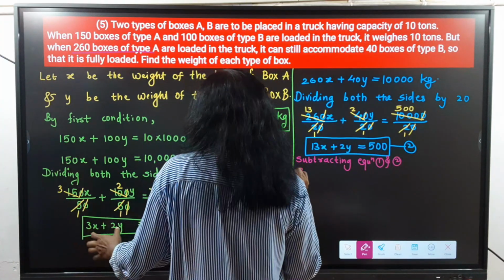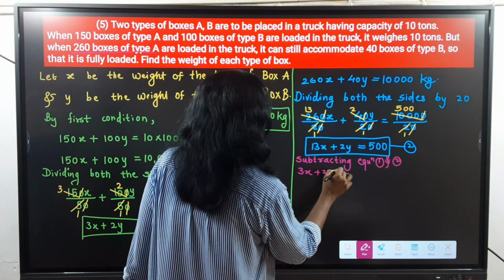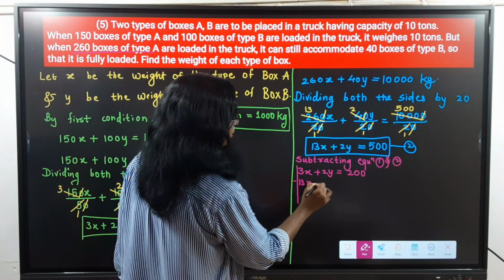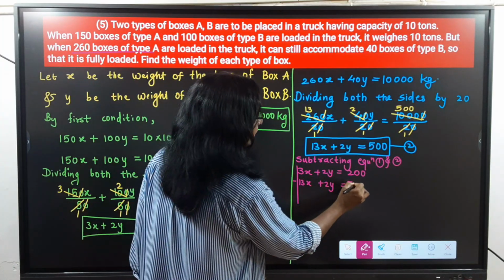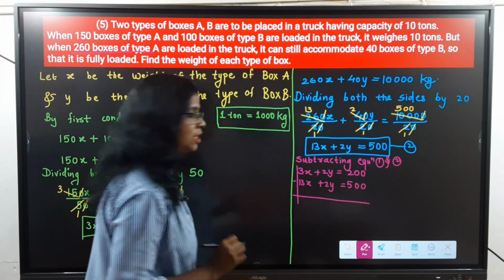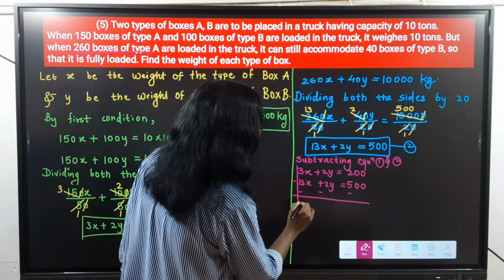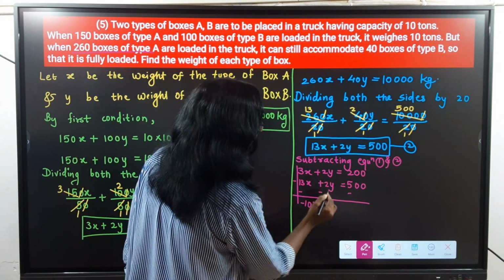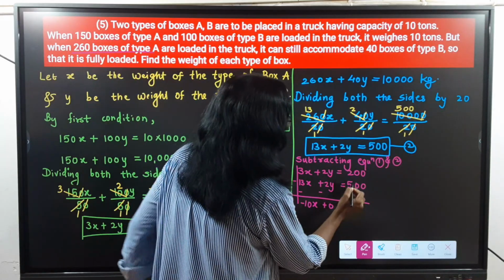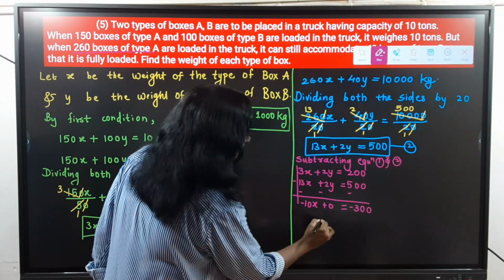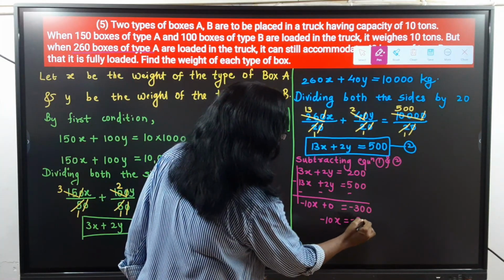Therefore 3x plus 2y is equal to 200 minus 13x plus 2y is equal to 500. Changing the sign, so 3 minus 13 is minus 10x, plus 2y minus 2y is 0, is equal to 200 minus 500, that is minus 300.